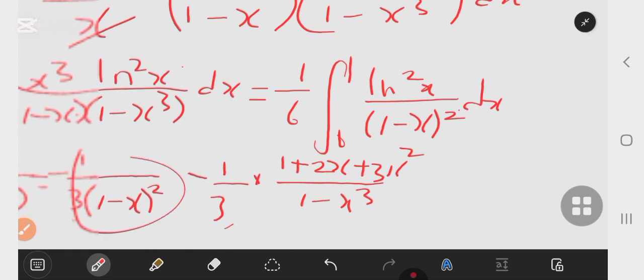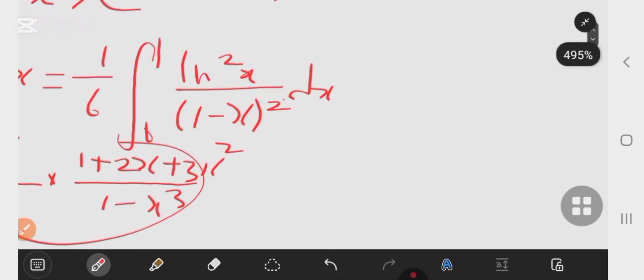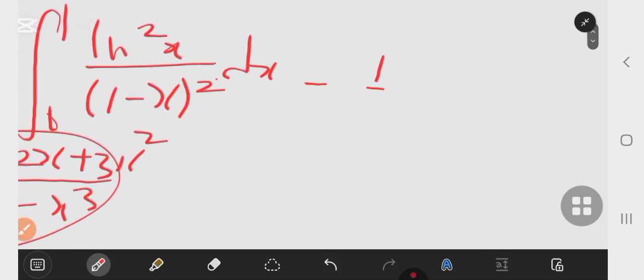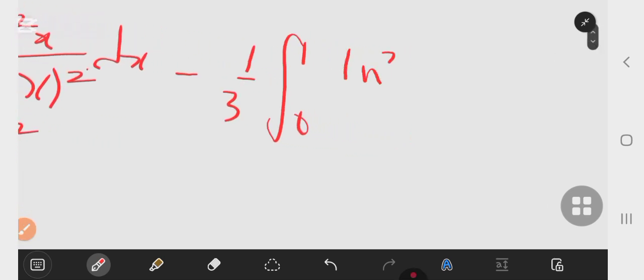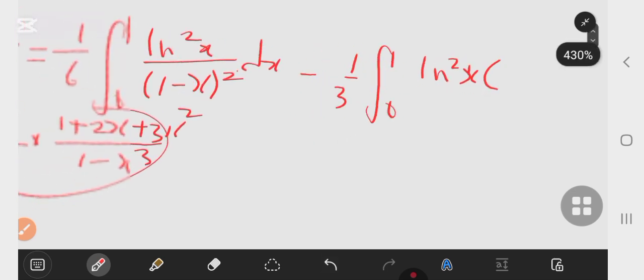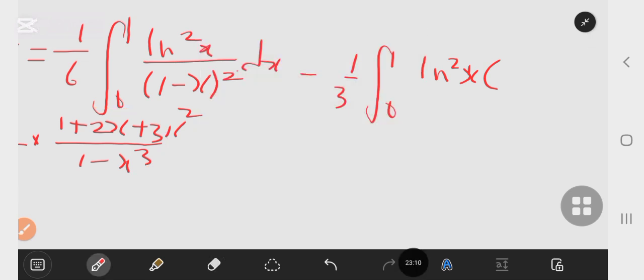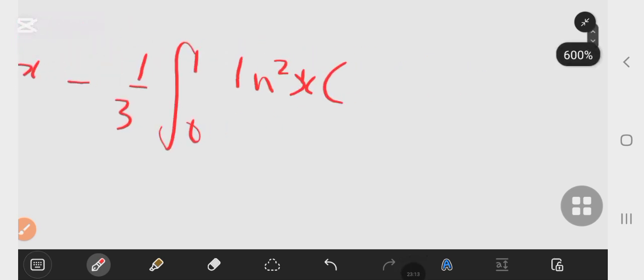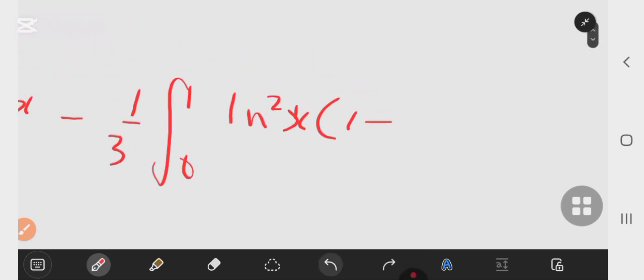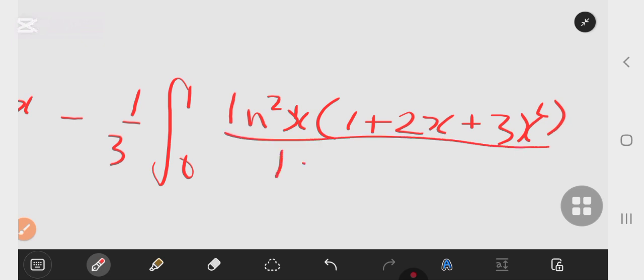Now for the second, I'll have minus 1 over 3 multiplying the integral from 0 to 1 of ln square x times 1 plus 2x plus 3x squared all over 1 minus x cubed.